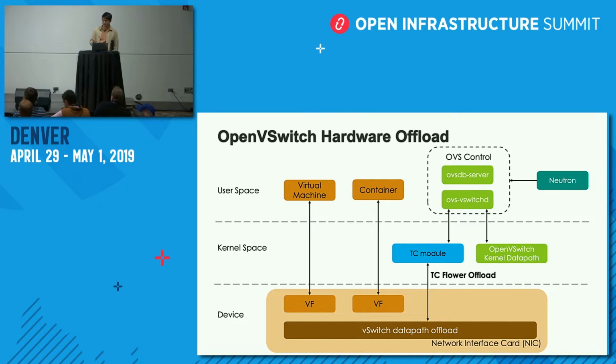So it is still OVS vSwitchD that decides how to handle network packets. But this time, OVS vSwitchD will try to download the instructions to the data path in hardware NIC. And last, the obvious kernel data path is still required.